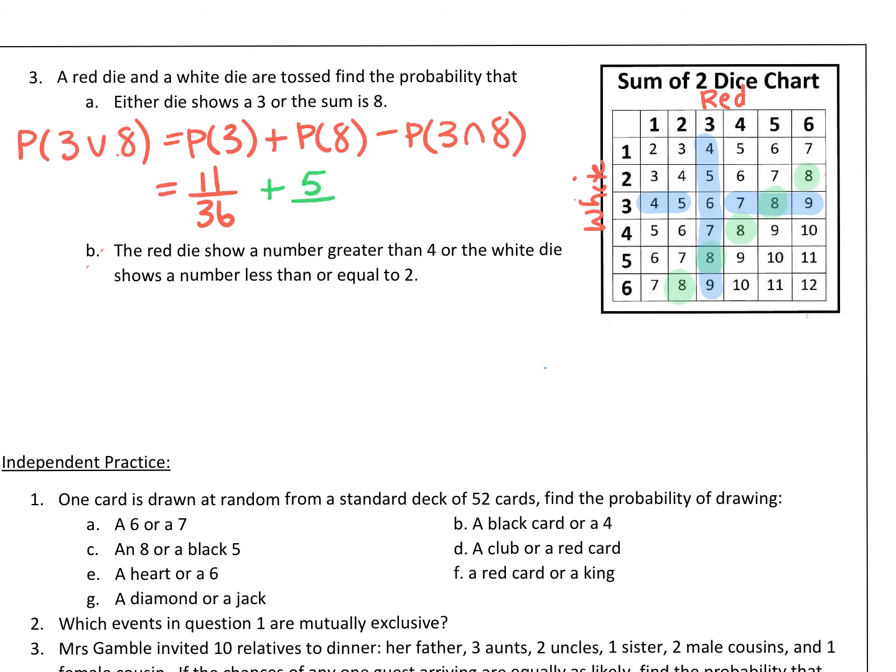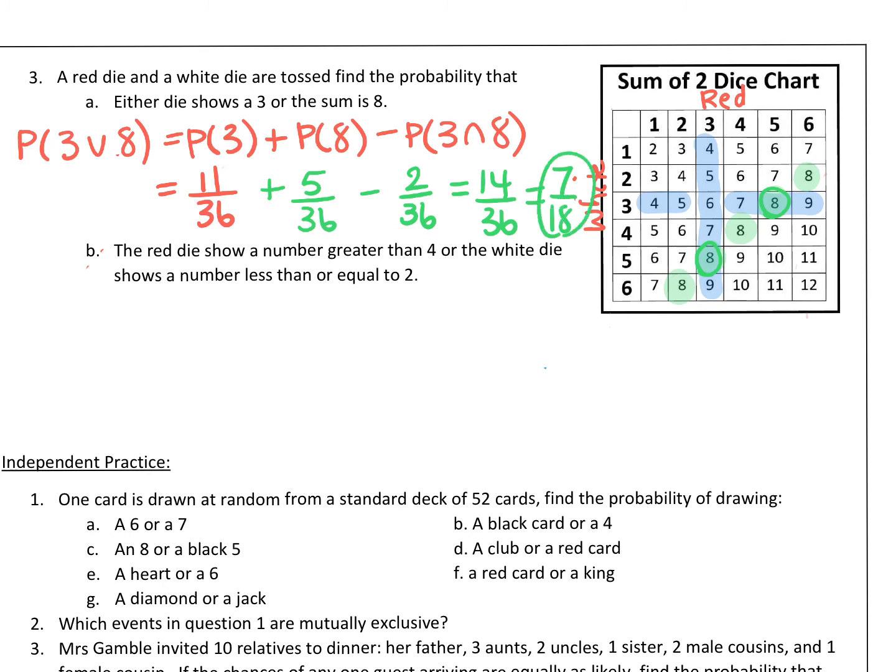So I've got 5/36 that are a sum of 8. Now, the last part is saying that either is a 3 and it has a sum of 8. Well, you can see that I have double counted those right there. Those are the ones that give me a sum of 8 and that are also a 3. So there are 2 of those that I need to subtract. So that ends up with 14 out of 36, which reduces to 7 out of 18.